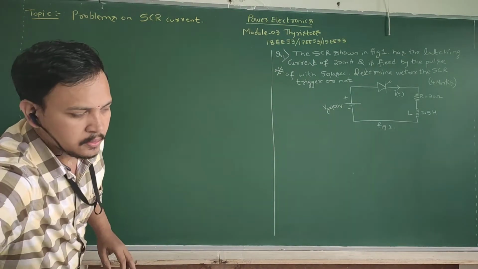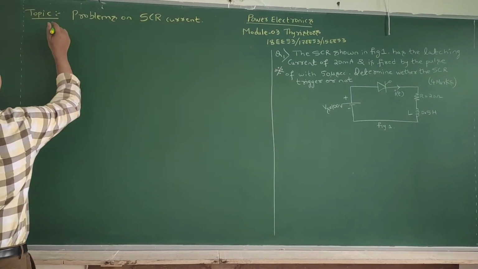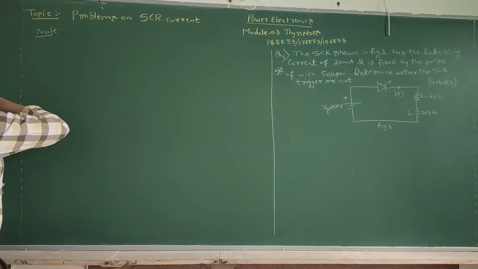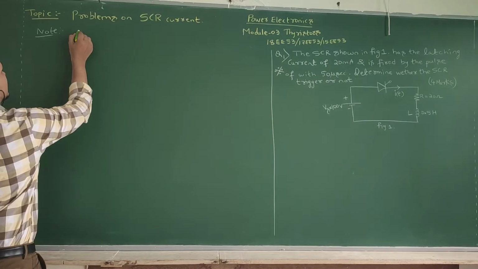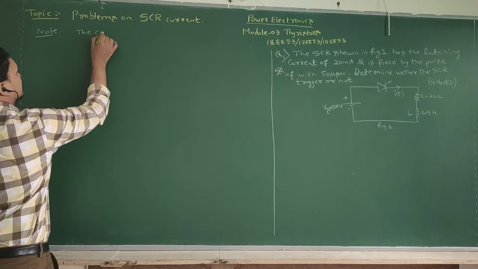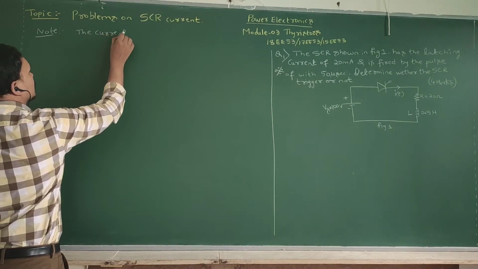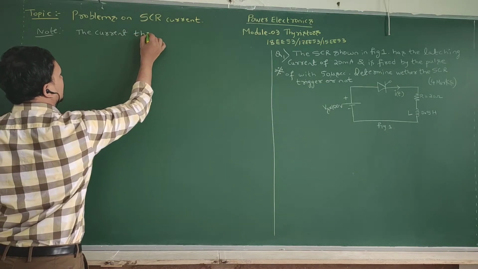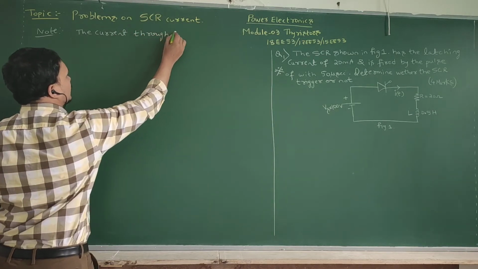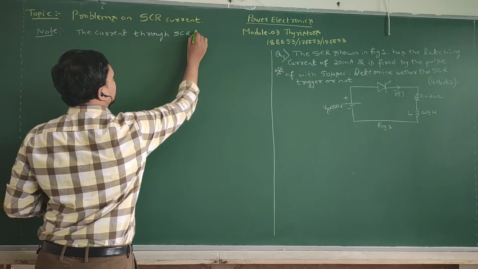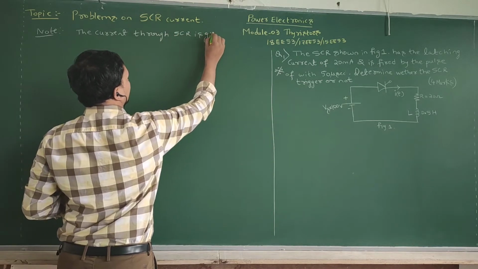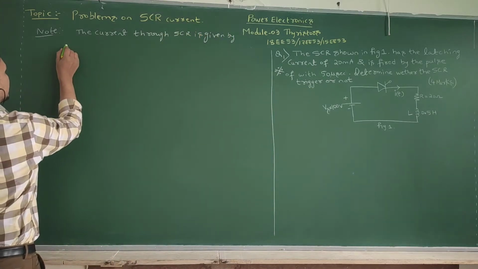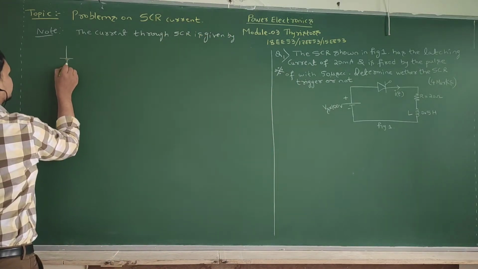Got it? So now we can make a note in your book. The current through SCR is given by, look here for this particular circuit.